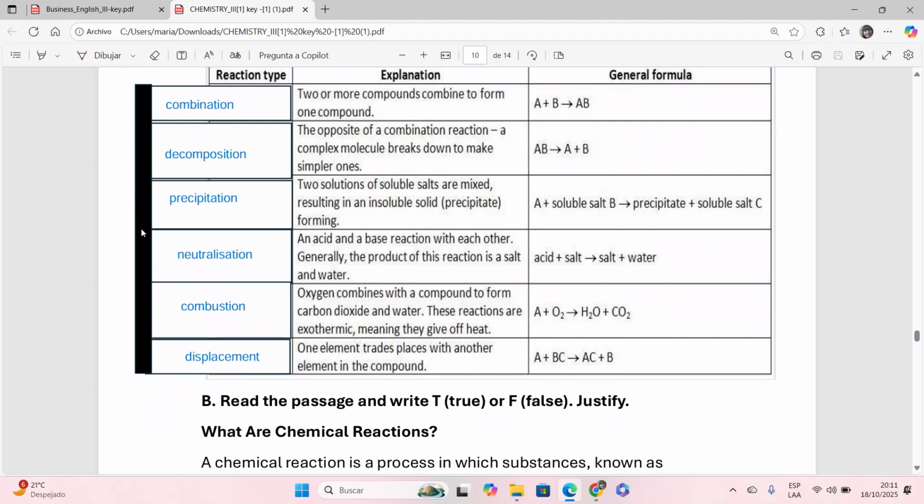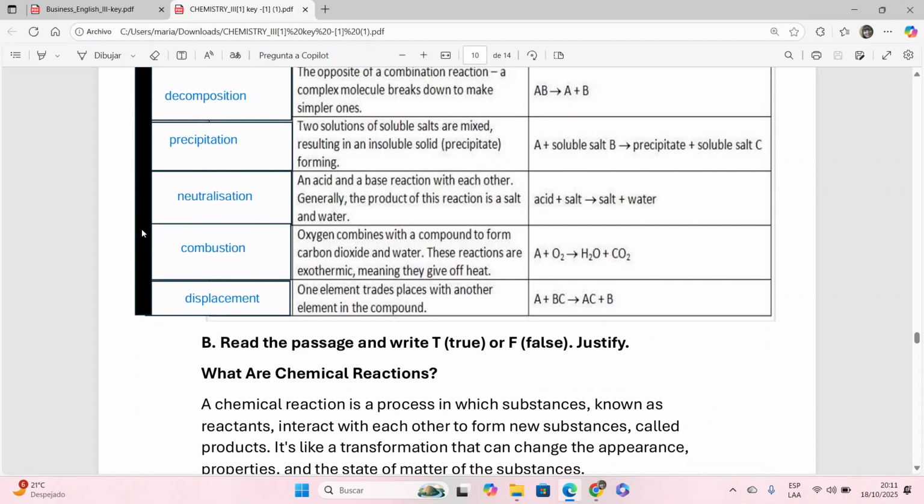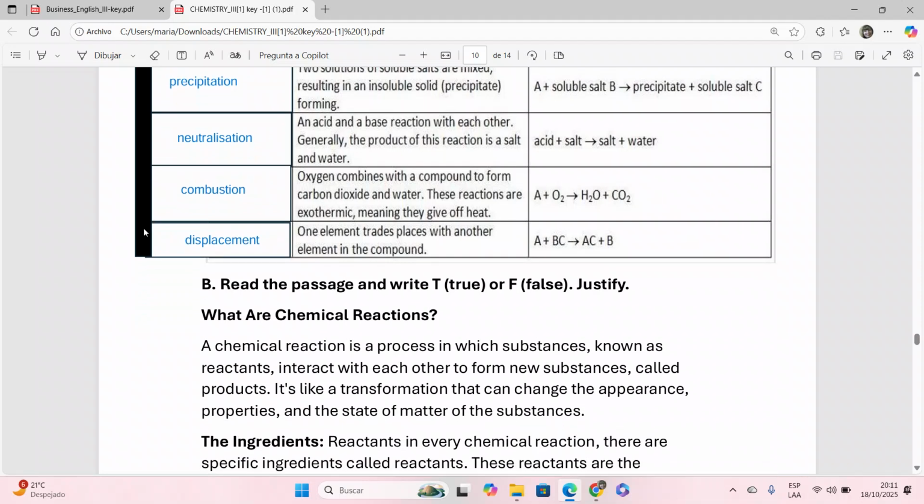Precipitation: two solutions or solubles are mixed, resulting in an insoluble solid, a precipitate, forming. Neutralization: an acid and a base react with each other. Generally, the product of this reaction is a salt and water.